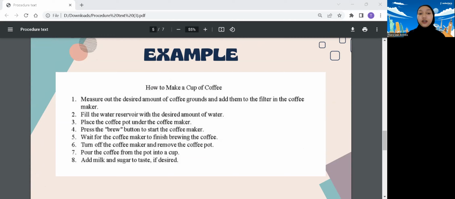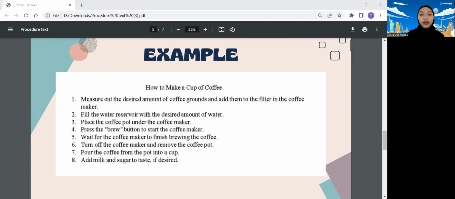This tells the reader what the procedure is about and what equipment they will need. First, measure out the desired amount of coffee grounds and add them to the filter in the coffee maker. This is the first step, and it gives specific instruction on how much coffee to use and where to put it in the machine.